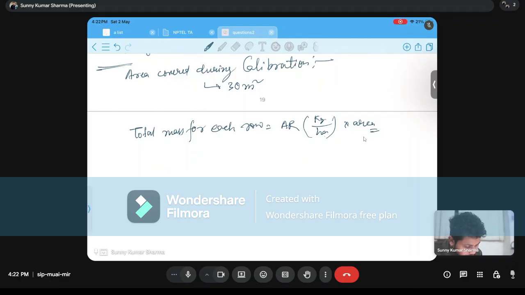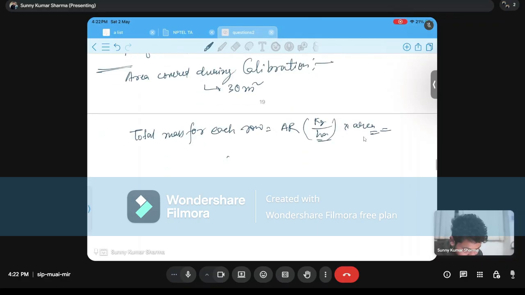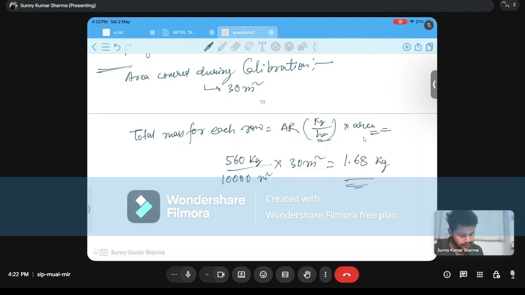This is in hectare, this in meter square. So we have 560 kg per hectare, 560 kg by 10,000 meter square into 30 meter square. So it will become 560 into 30 by 10,000. So it is 1.68 kg. This is the mass of fertilizer for 1 row.